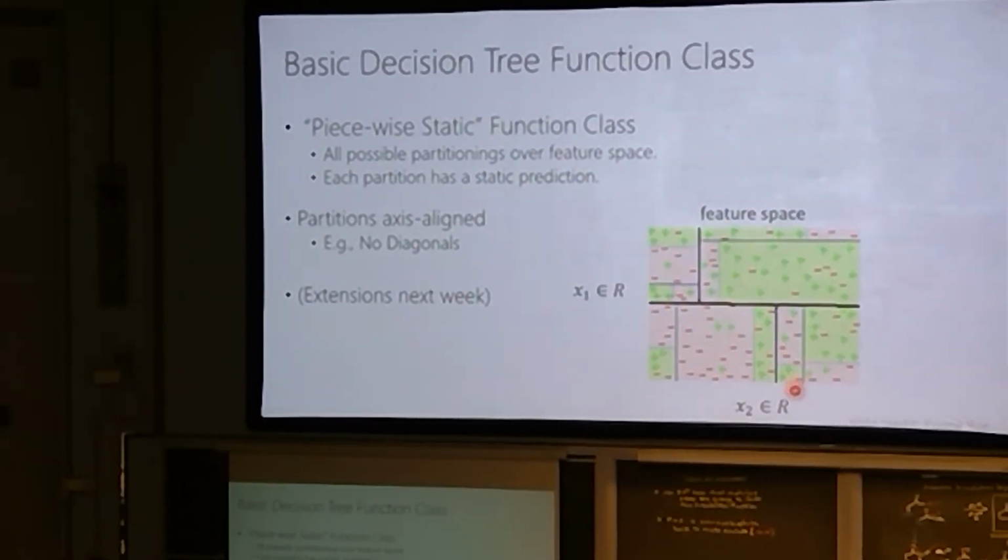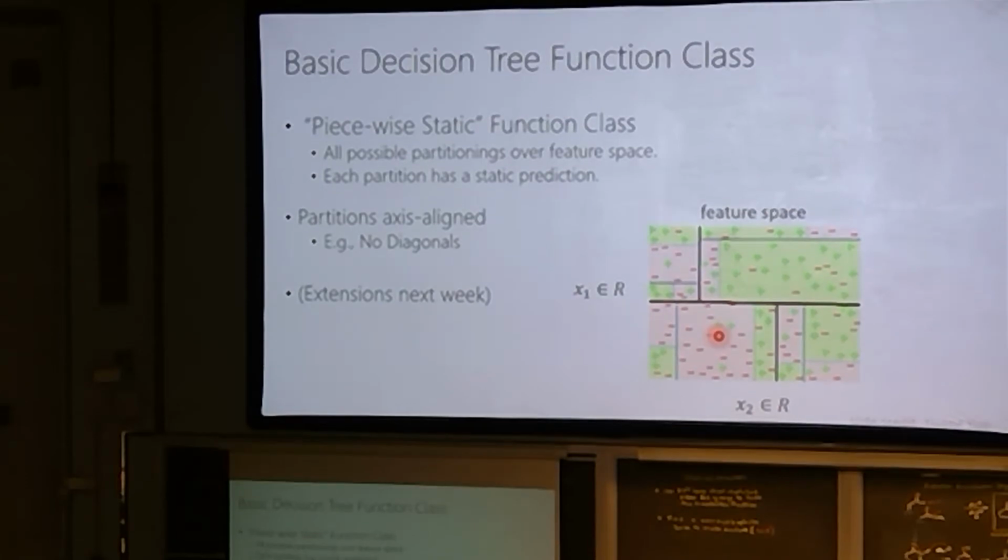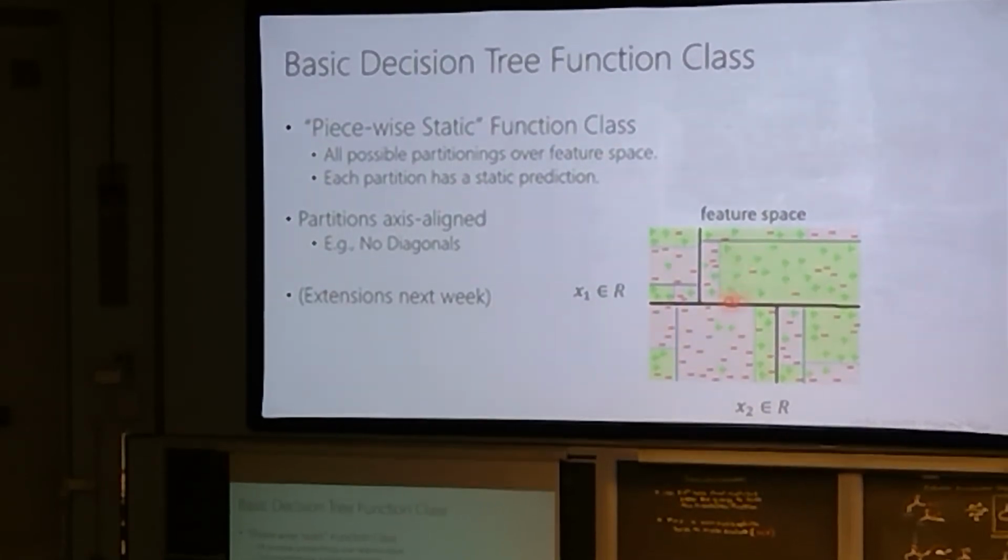If you have just two features, and in this case these are real valued features because you can see I'm splitting in multiple places, then the decision tree can arbitrarily split the whole space as long as it's axis aligned, because every split is making an axis aligned partition of the feature space. Once you've finished splits, whatever lies within a given coherent region has some number of positives and negatives from the training examples, and then you can take a vote.